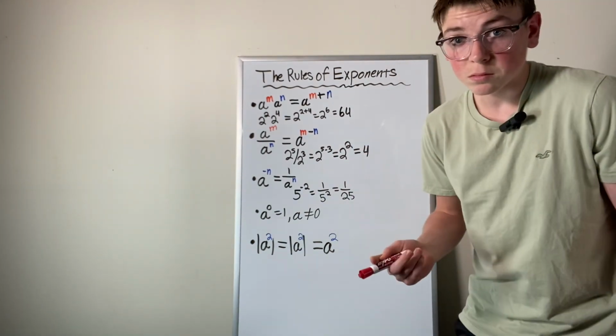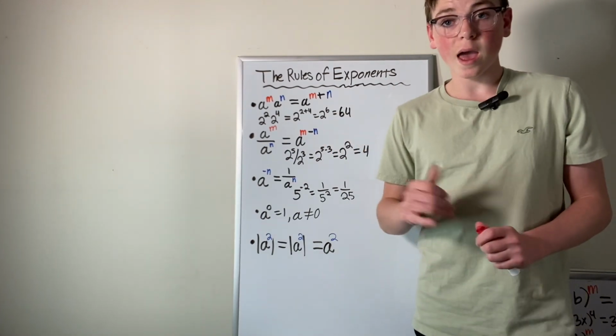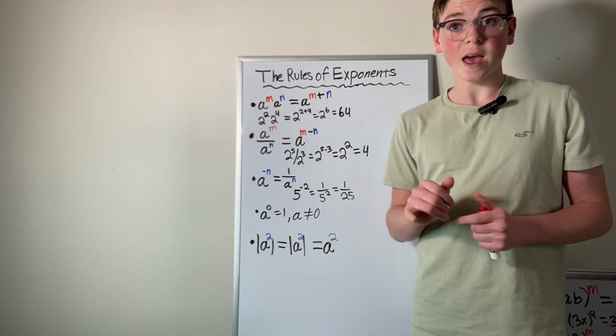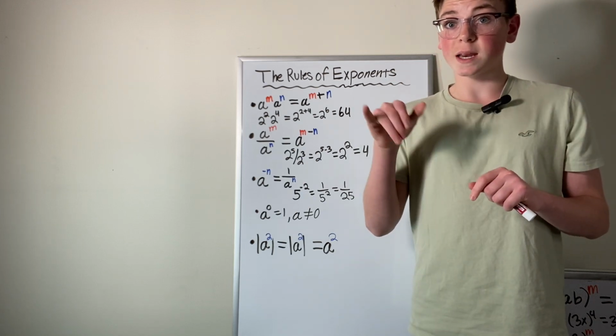Then, going along the same lines, a^m divided by a^n equals a to the power m minus n.